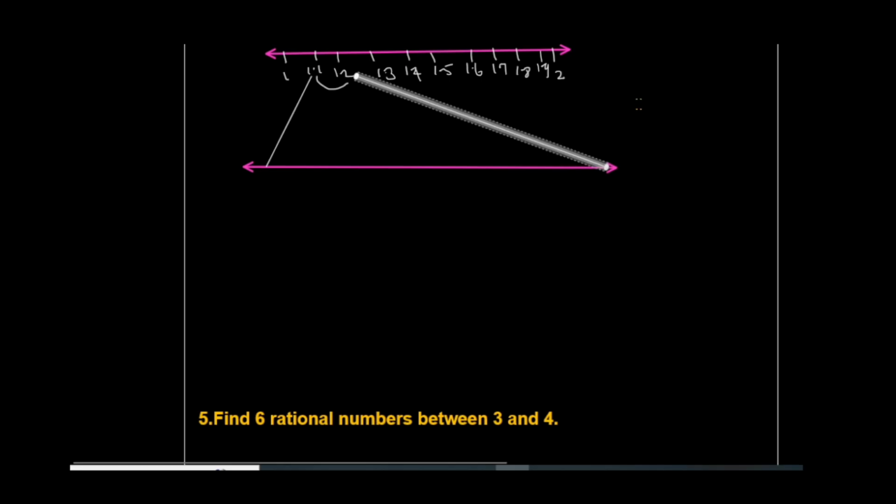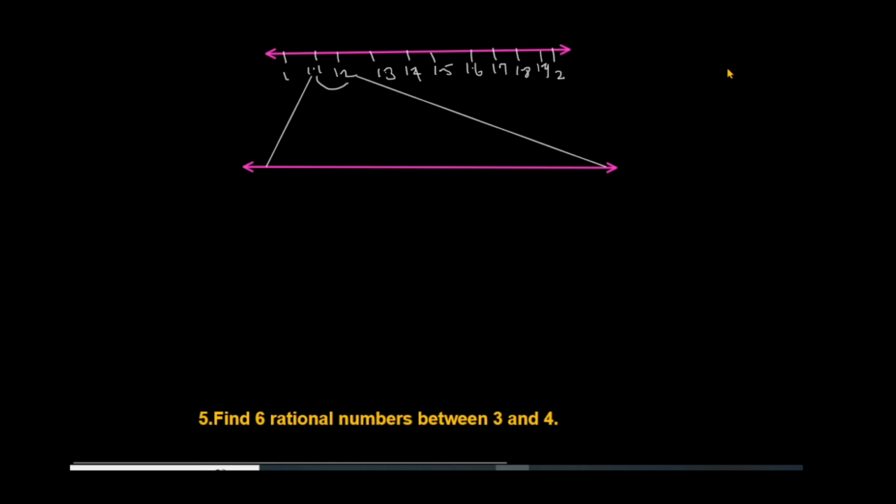So in between 1.1 and 1.2, there are 10 parts. Here 1.1, here 1.2. So this is 1.11, 1.12, 1.13, 1.14, 1.15, 1.16, 1.17, 1.18, 1.19.